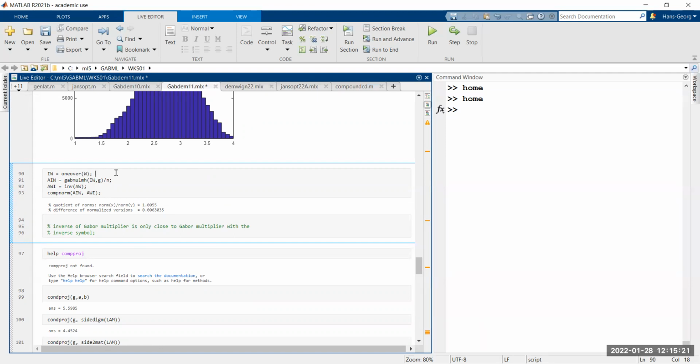And of course, when he is multiplying with 1.5, I would reduce everything by 1.5. So in our case, that means we have the inverse in the pointwise sense of the multiplication operator on the phase space, and we have the Gabor multiplier, again normalized appropriately, coming from the pointwise inverse.